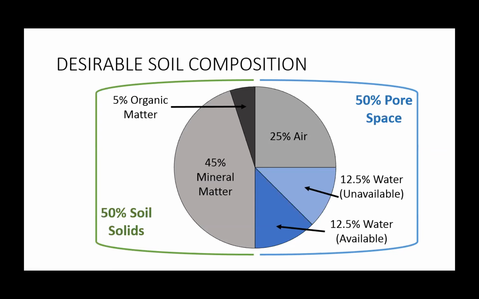And it's going to be the water that's in medium-sized pores or large pores. Because in your very tiny pores, it's held so tightly by the soil particles, the plants spend way more energy than they can actually spend to pull up that water. So you'll have some ratio of unavailable water. All soils are going to have that to available water, but the ideal would be that half of that water is available.